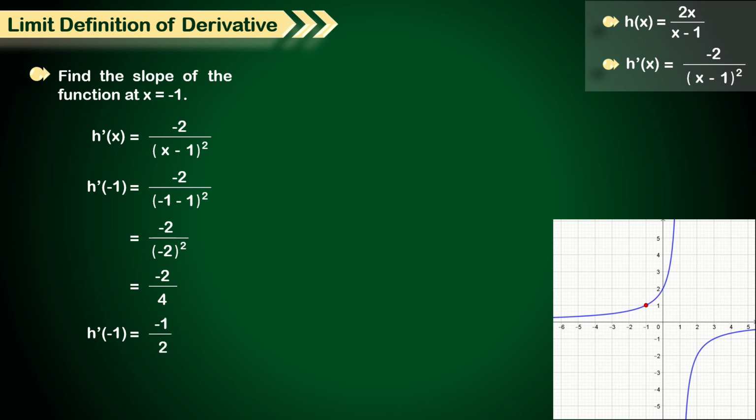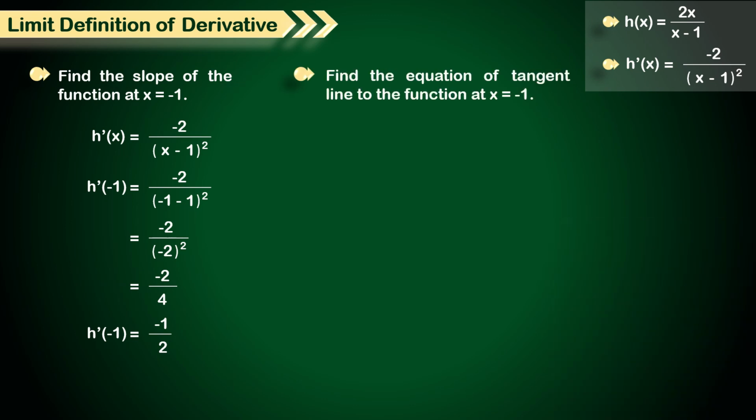Using the slope at the given point, find an equation of the tangent line on the function at the same point. Find it using point-slope form. Notice that the y-coordinate is unknown.